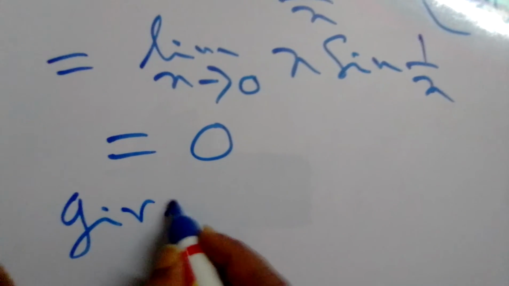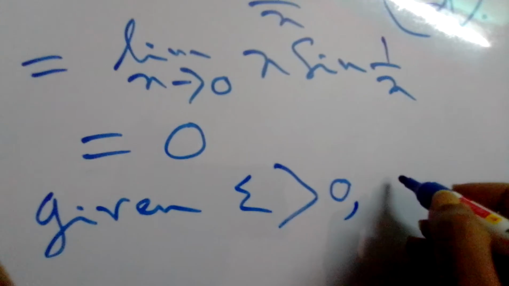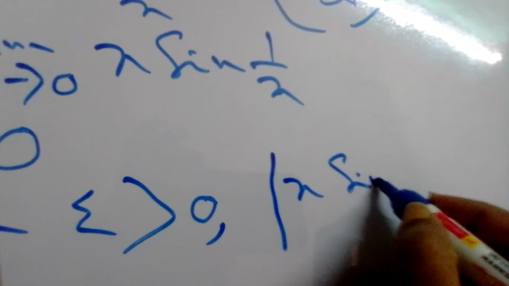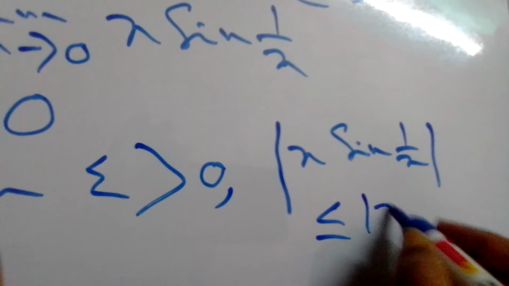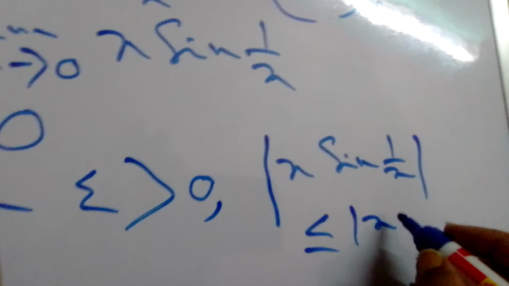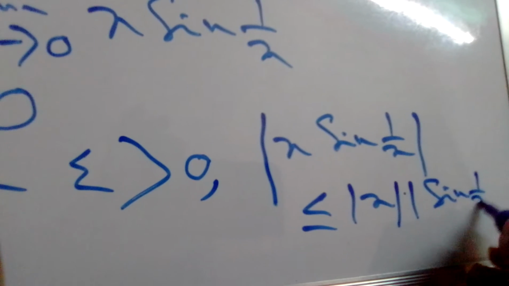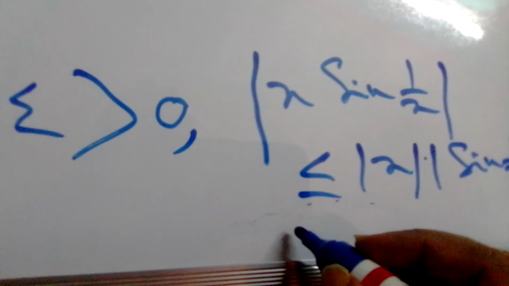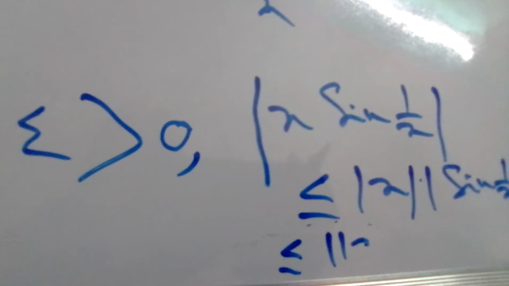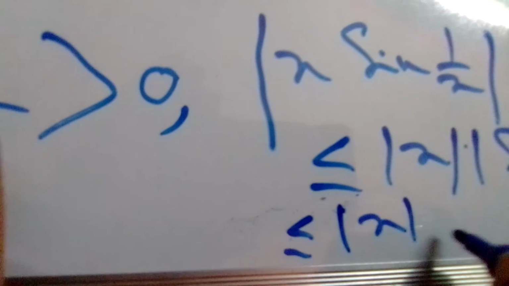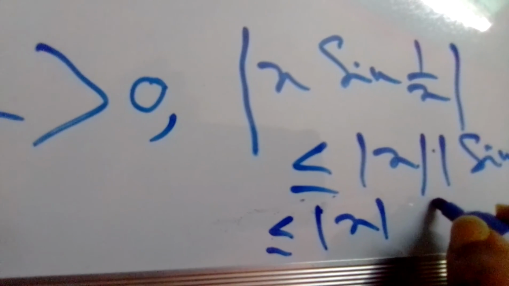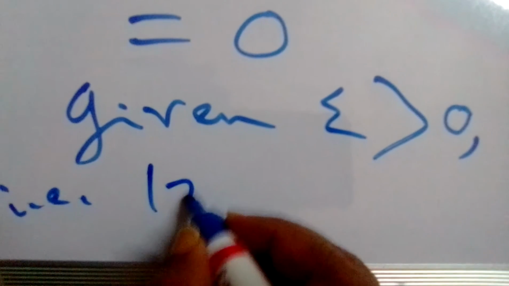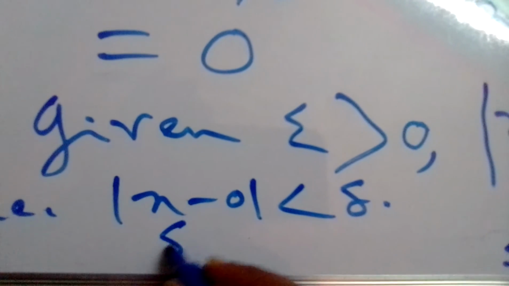How these things happen, we may prove analytically. For given epsilon greater than 0, we have mod of x sin(1 by x) less than or equal to mod x, since mod of sin(1 by x) is at most 1, and this is less than or equal to mod x. And if mod x is less than epsilon, that is mod of x minus 0 is less than delta, with delta equal to epsilon.